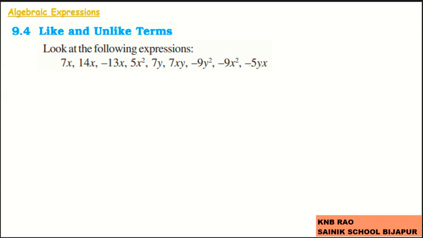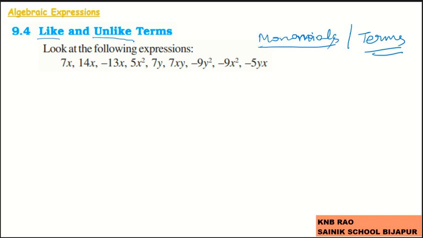All these different algebraic expressions have one and only one term, that means I say monomials. Here I have given you monomials by their nature because they have only one term. So they are all monomials, or I say terms. Watch these terms and identify which are like and which are unlike. Children, very simple.